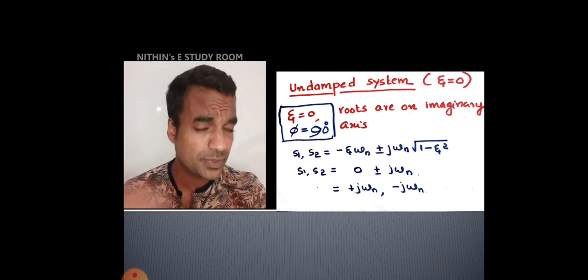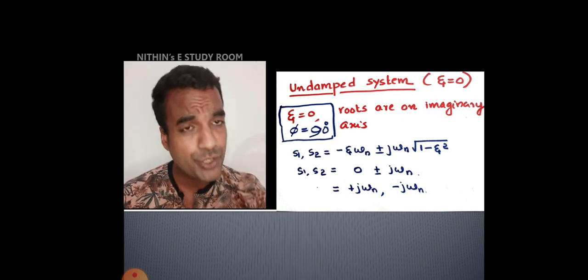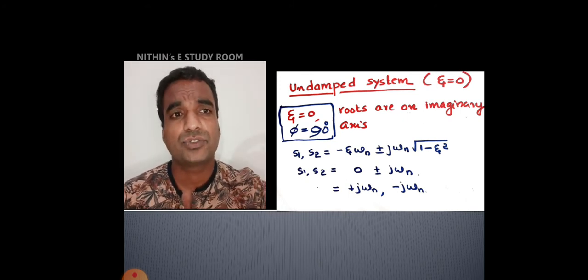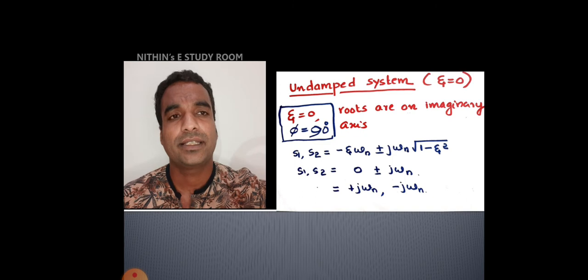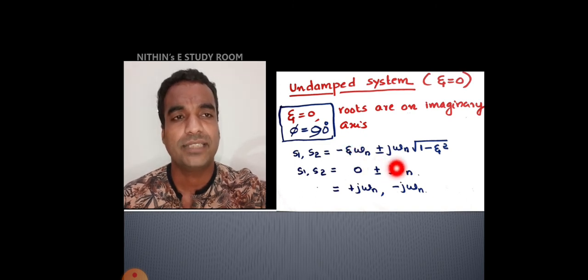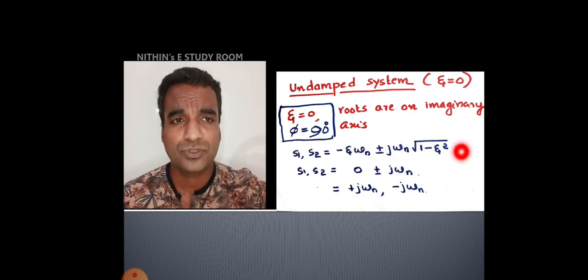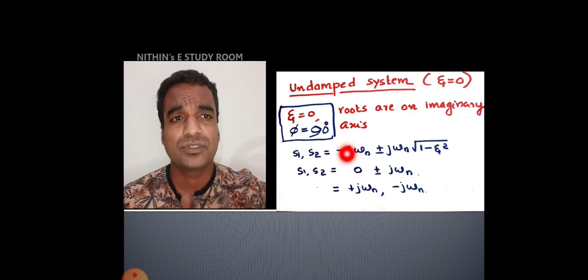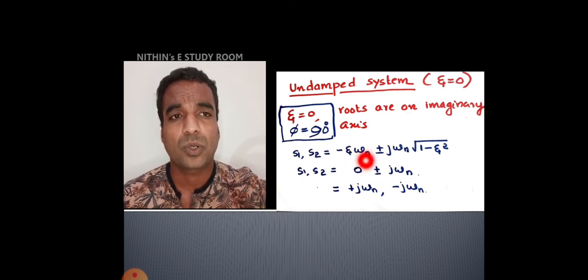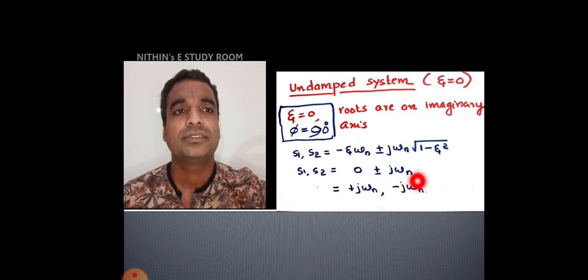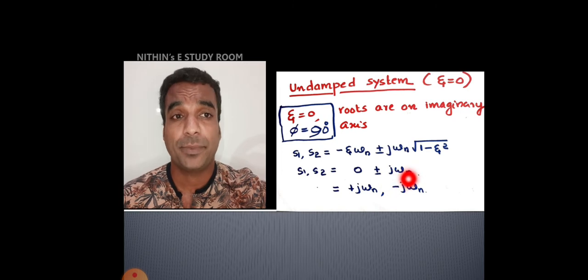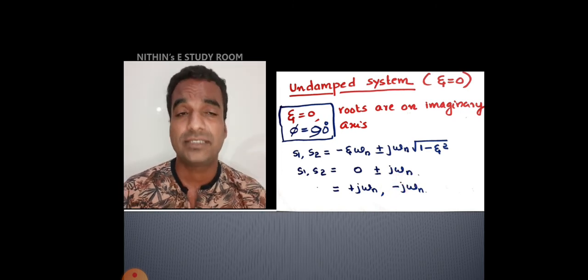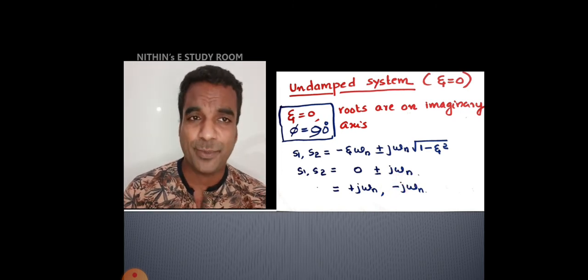That was from the graph, and from the equation also we can derive that S1 and S2 is equal to minus eta omega n plus or minus j omega n root 1 minus eta square. When eta is equal to 0, the total alpha term is 0, plus j omega n into root of 1. So S1 and S2 is 0 plus or minus j omega n. So the roots are plus j omega n and minus j omega n.